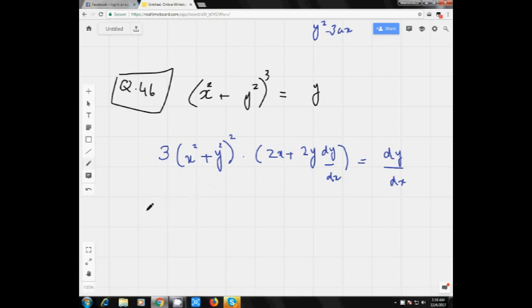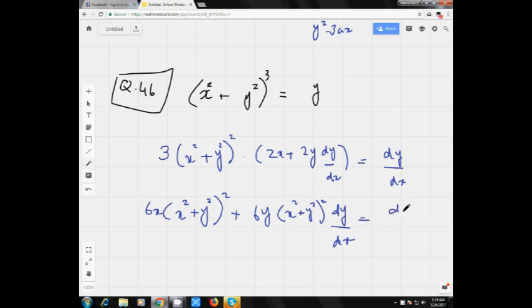Apply the distributive law. 3 times 2, that is 6x times (x square plus y square) square, and similarly plus 6y times (x square plus y square) square times dy by dx is equal to dy by dx.